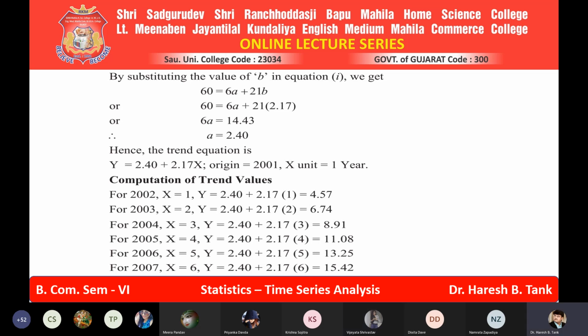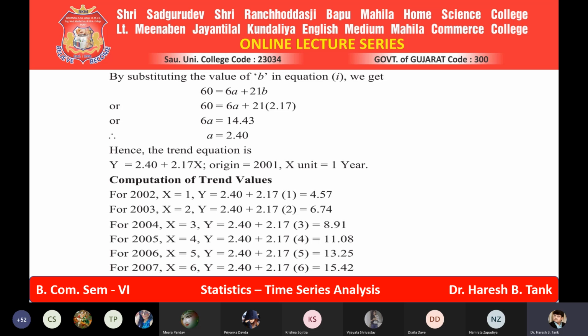Yes, sir. Okay. Once you get equation number 1 and equation number 2, you will be able to see which columns are required. Summation of y is required, n is required, summation of x is required, summation of xy is required, and summation of x square is required. Is it perfect?